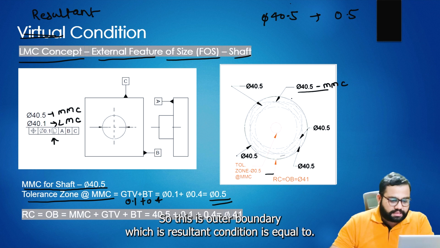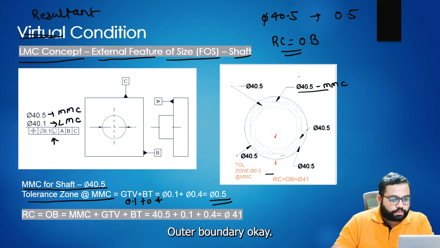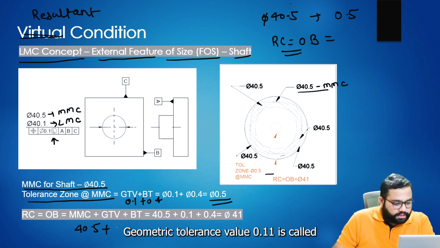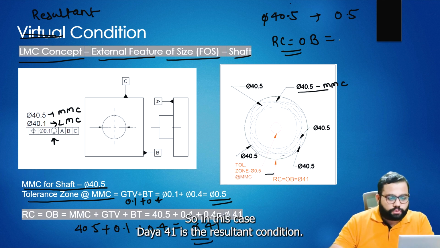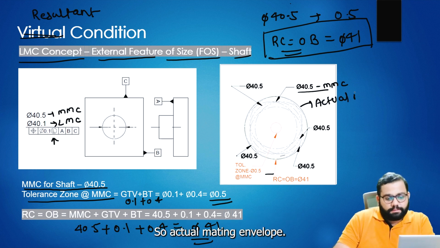This is the outer boundary, and the resultant condition is equal to the outer boundary, which is equal to the maximum material condition, dia 40.5, plus geometric tolerance value 0.1, plus bonus tolerance 0.4, which is equal to dia 41. So dia 41 is the resultant condition, and this is the actual mating envelope.